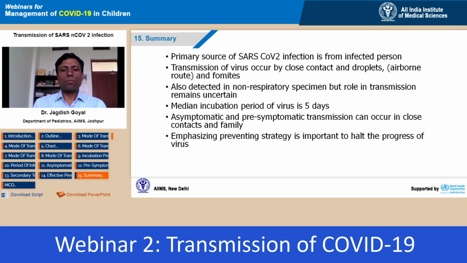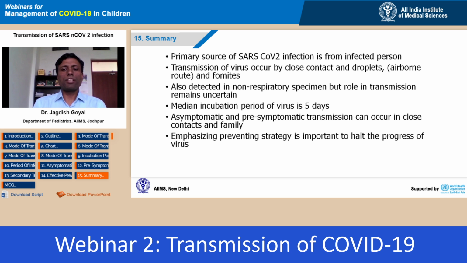To summarize, the primary source of SARS novel coronavirus 2 infection is an infected person. Transmission of the virus can also occur by close contact and droplets. The virus is also detected in non-respiratory specimens and secretions, but its role in transmission remains uncertain. The median incubation period of the virus is 5 days.